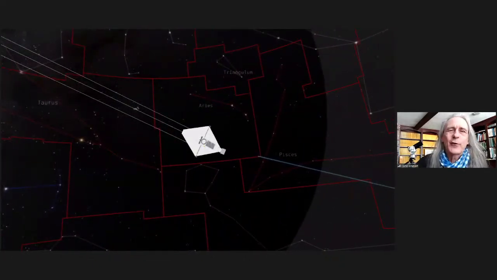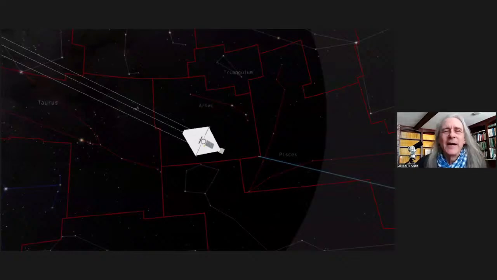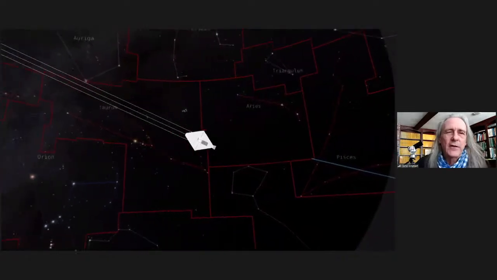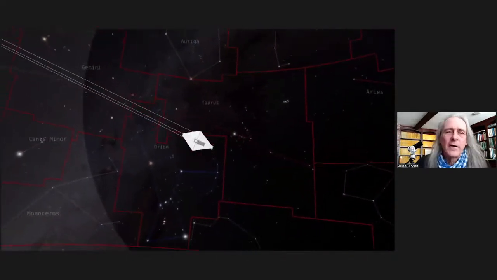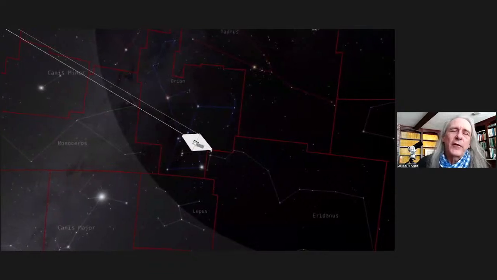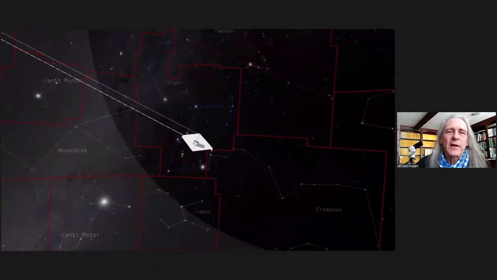It's about 4 stars here, kind of making a line. Doesn't look like a ram to me. But anyway, if you find something in this constellation, you're going to call it Ari, the first 3 letters. And if you find something in Taurus, it'll be TAU, or in Orion, ORI. So this is just the sort of classification scheme.